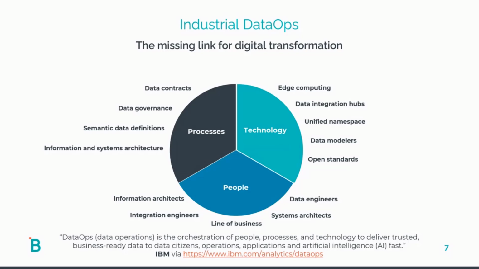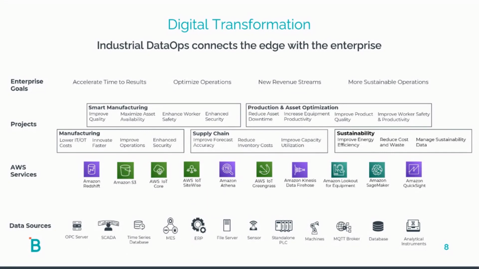We need to integrate the data. We need to utilize concepts like the unified namespace and leverage data models and open standards to enable our ability to move data across our enterprise. So if we go back to our digital transformation view of the world, and we saw how we had these AWS services and we had these data sources, industrial data ops really fits in that gap.